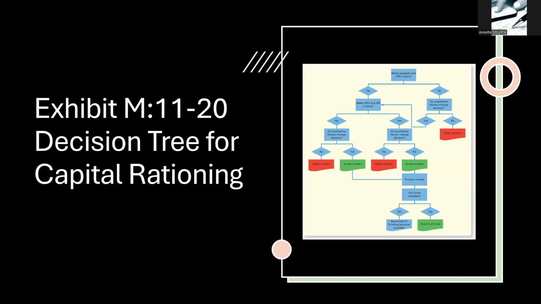So once the projects are ranked, ask if there are funds available. If funds are not available, reconsider if funding becomes available. If funds are available, acquire and use. So I want to remind you that this is a decision tree that you should review before you make any decision whether to accept or reject a project.